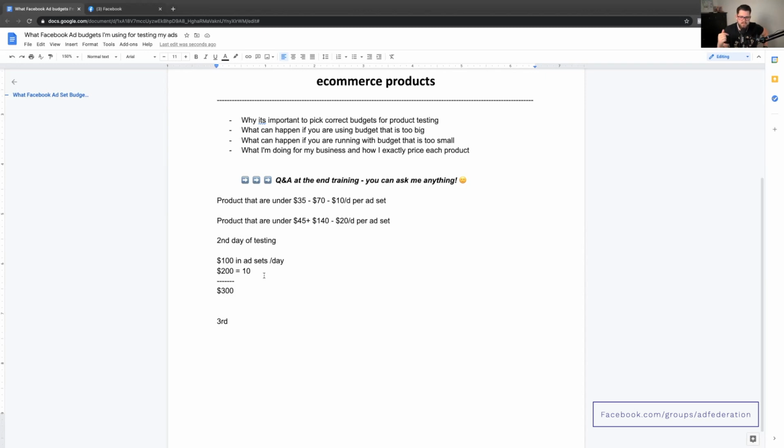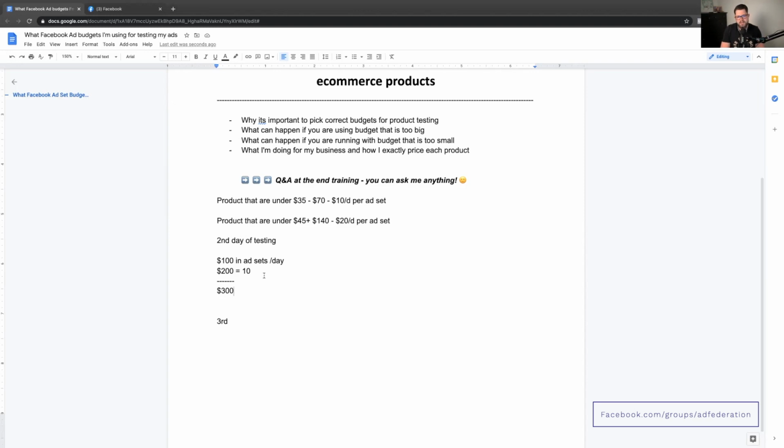But I would be more careful, because I would be checking if it has enough add to carts, and if all those numbers make more sense. Maybe it's not as stable as you want, but it should be a little more clear that there is some potential.